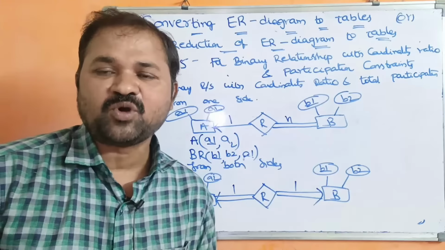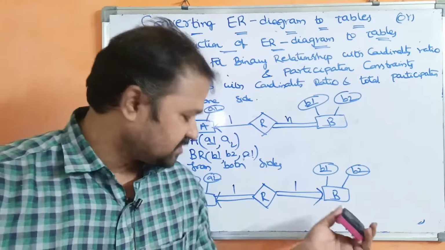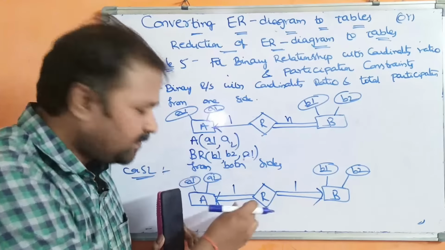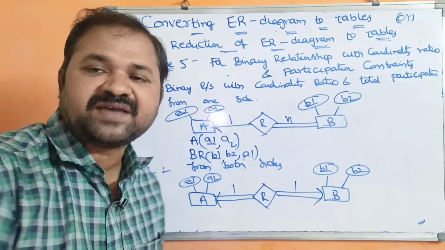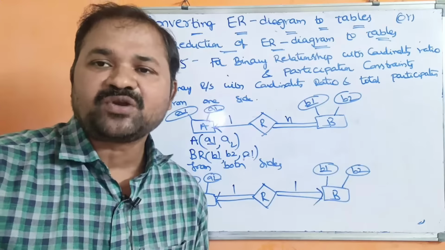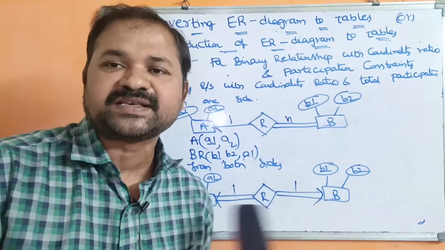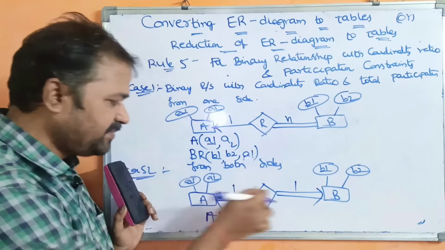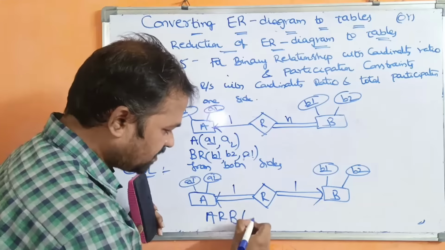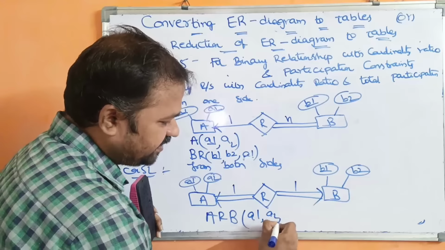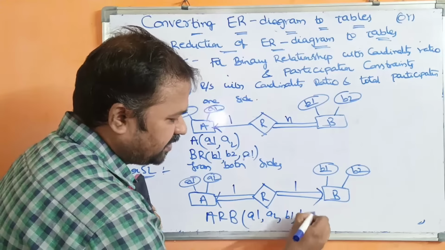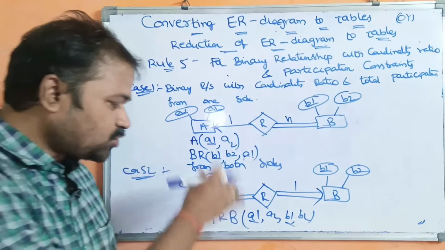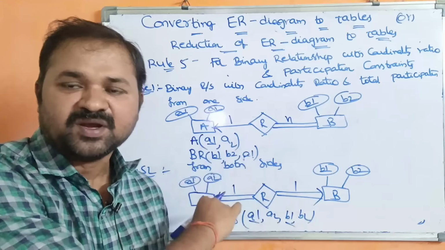Already we have seen 1-to-1 mapping, but the problem here is that total participation is available on both sides. If total participation is available from both sides, then we have to combine everything. So the new table name is ARB, and the columns are A1, A2, B1, B2. A1 and B1 will become the foreign keys of this table, because total participation is available from both sides.